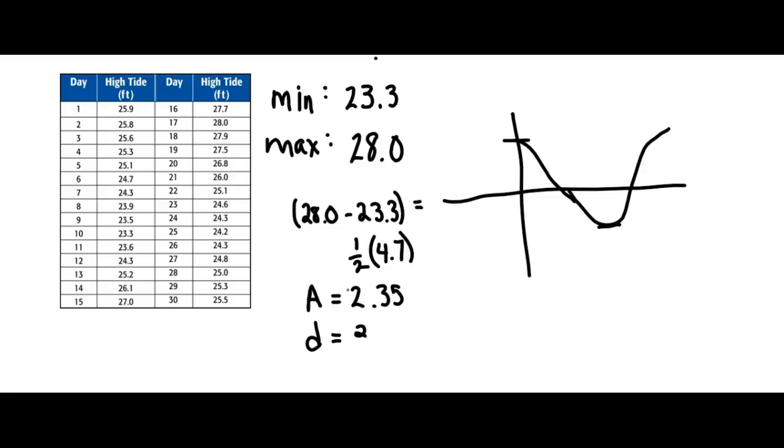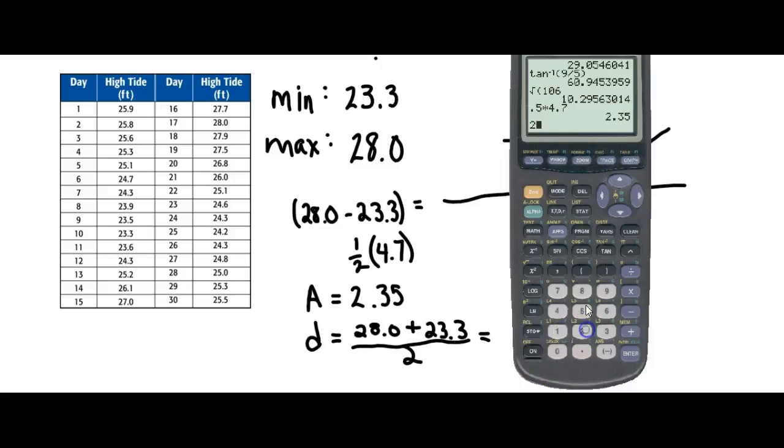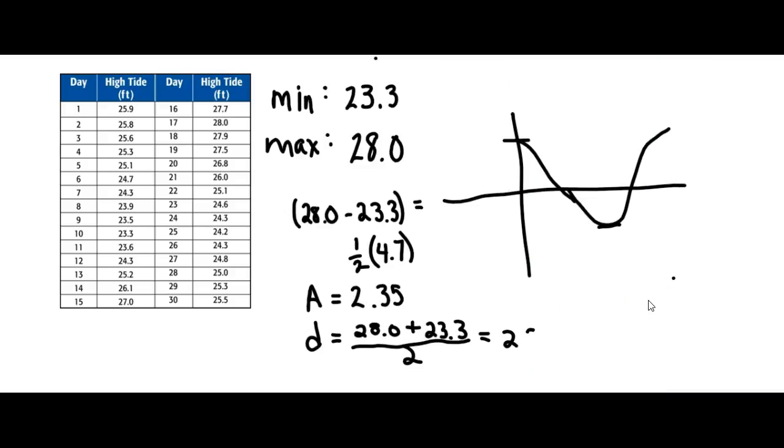So it's really the average of the two. If I take 28 plus 23.3 divided by 2, I get 25.65. So now I've got two key features of my graph.